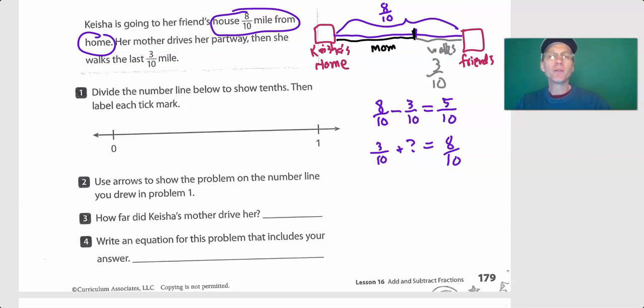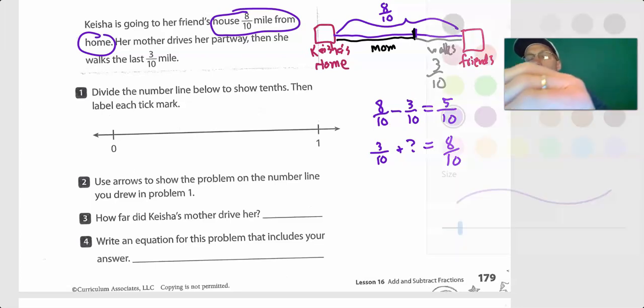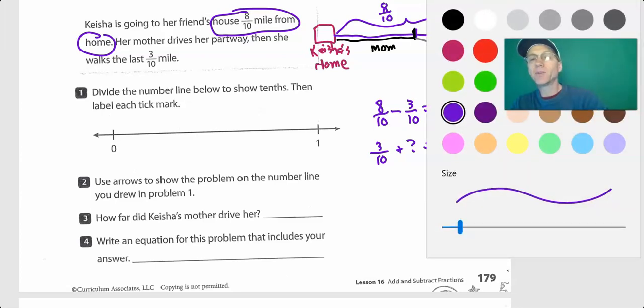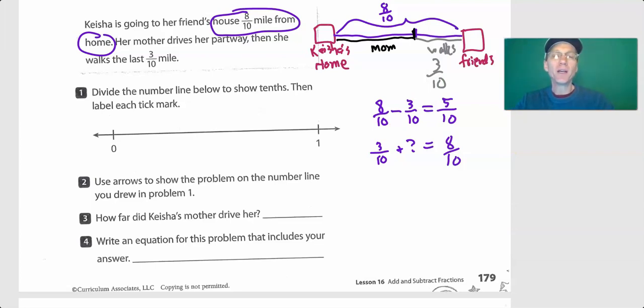Okay, so the other thing is, let's look at it on a number line. It's kind of like the drawing we just did, so we'll do it. So our whole here is tenths. Okay, starting at 0 and going to 1. So our denominator is 10, so we have to divide the whole into 10 parts.